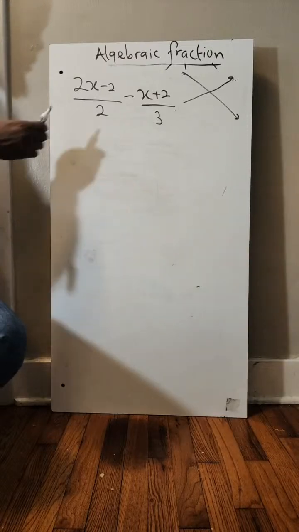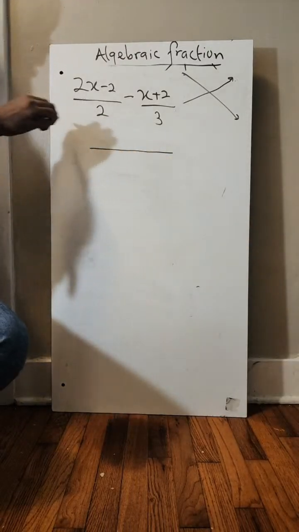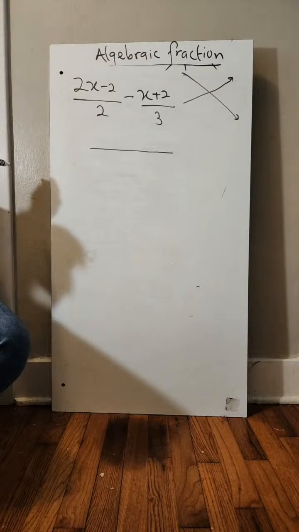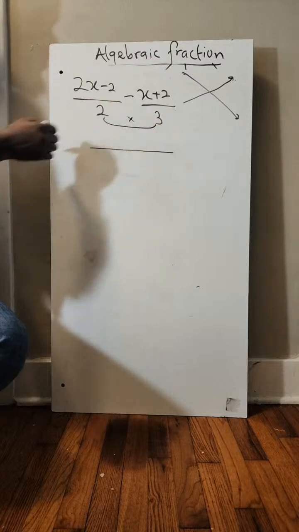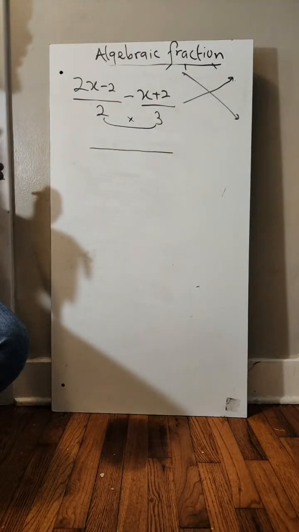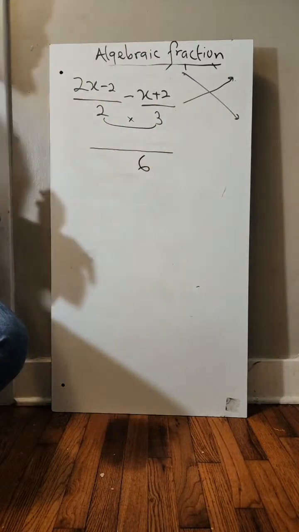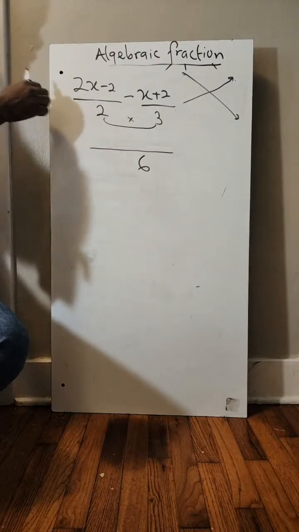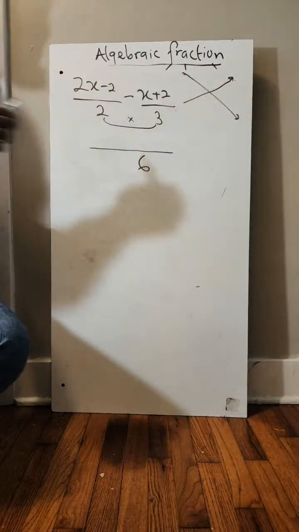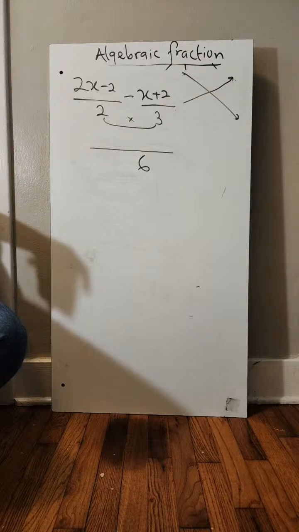Like I told you, if you have different denominators, just multiply out the denominators. 2 and 3, which gives 6. After multiplying the denominators, you apply this rule, that's cross multiply. It's very easy to do.